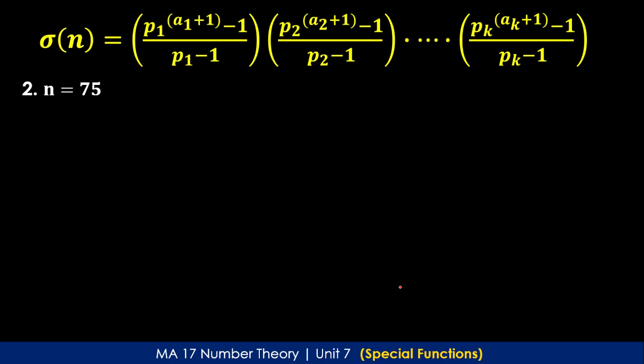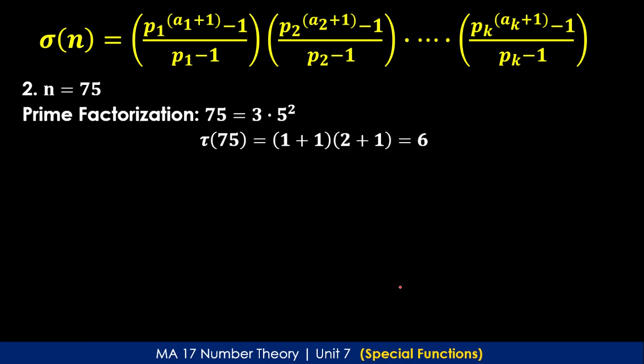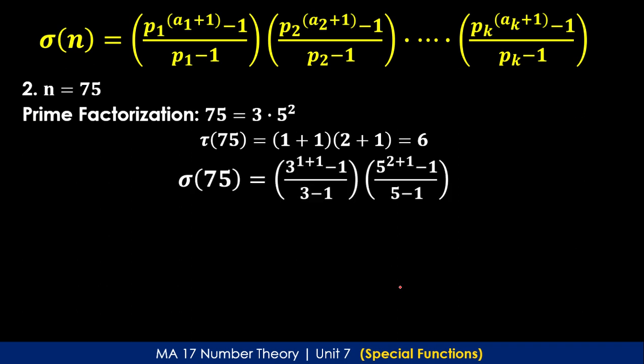Let's say we have 75 again. The prime factorization for 75 is 3 times 5 squared. For the tau, that's 6, the number of positive divisors. And for the sum of those positive divisors, we have 2 prime factors, so we have 3 raised to 1 plus 1, minus 1, all over 3 minus 1.